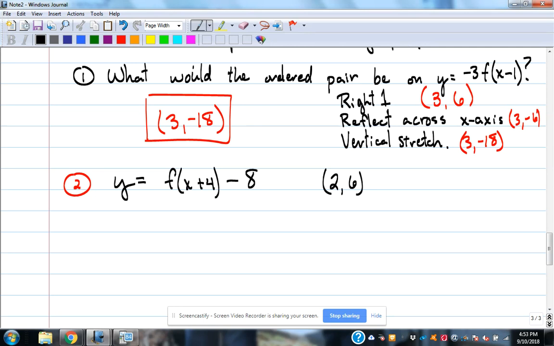What transformations do we see happening? Which way? Left 4. So if I move (2, 6) to the left 4, where's it going to end up? Left 4, not right 4. It'd be (-2, 6), right?